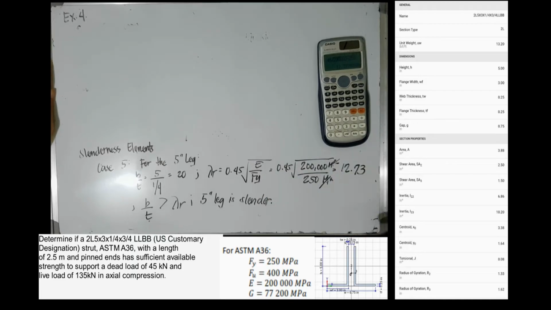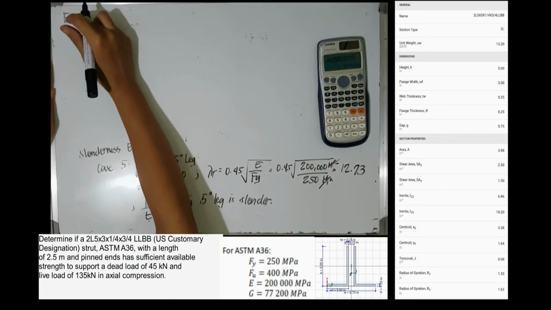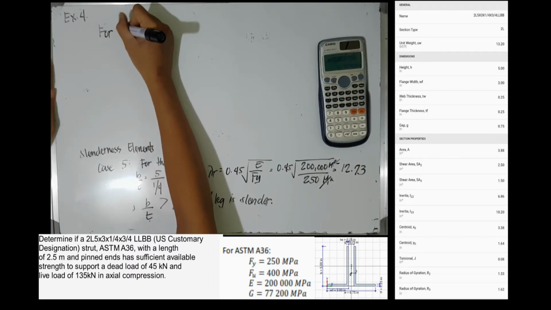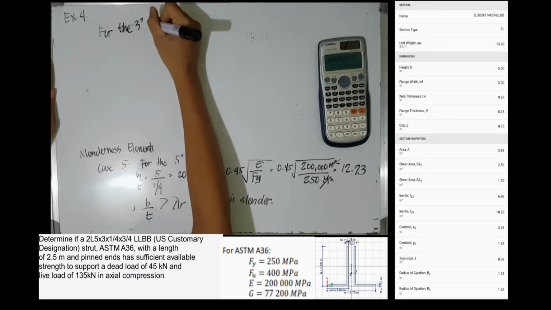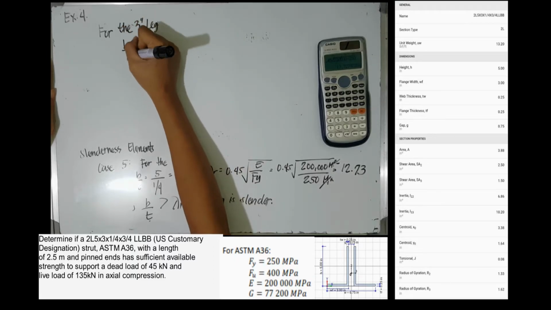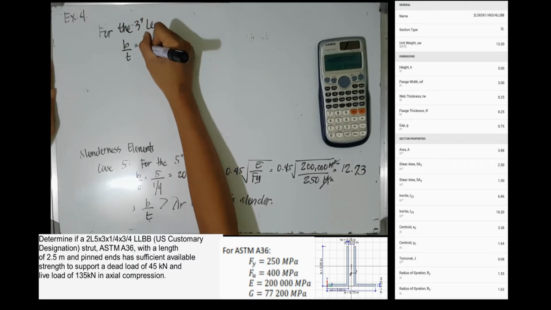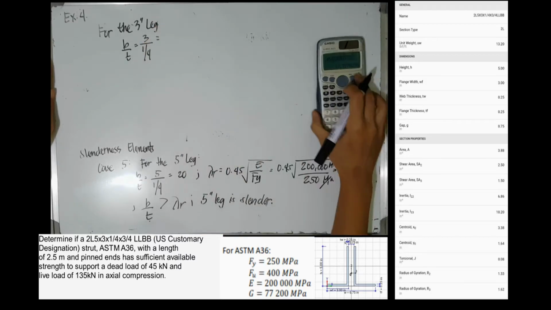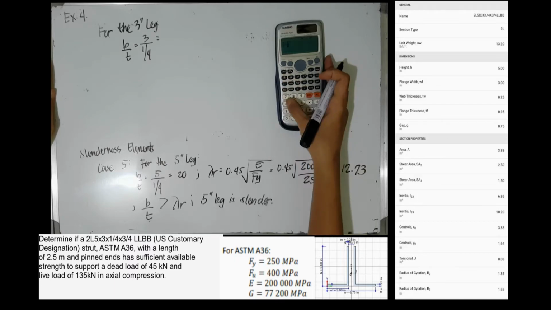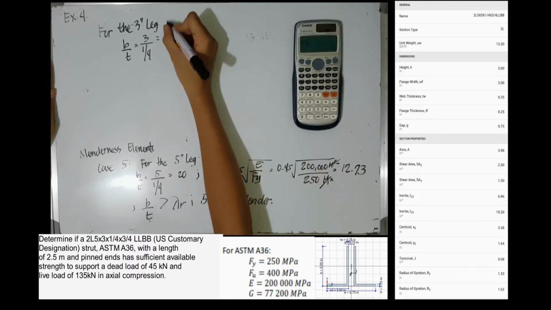And for the other leg, the 3 inches leg, compute din natin yung width thickness ratio niya. So same procedure. So 3 inches and the thickness is 1/4. So it is equal to 12.